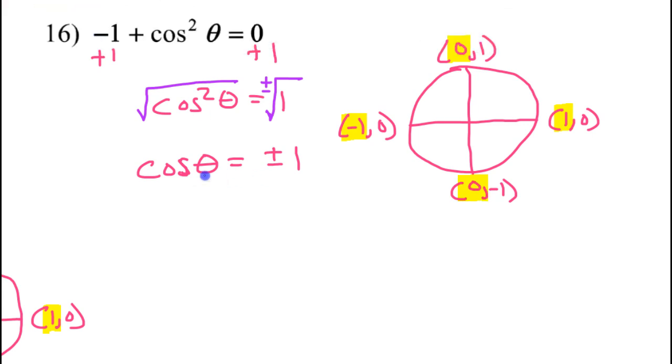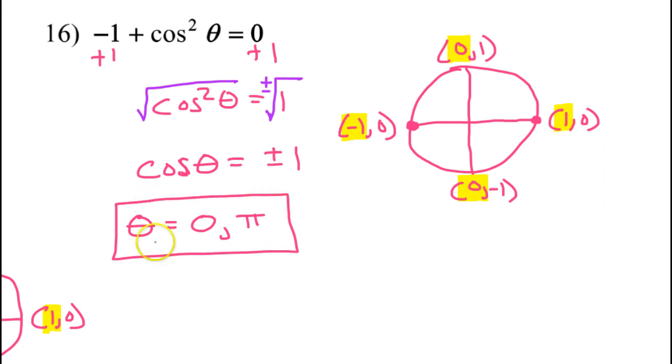We want cosine to equal +1 or -1. Okay, so looking at the numbers I've highlighted, we have +1 here and -1 here. So that gives us the 2 solutions, 0 and pi. And that's it for number 16.